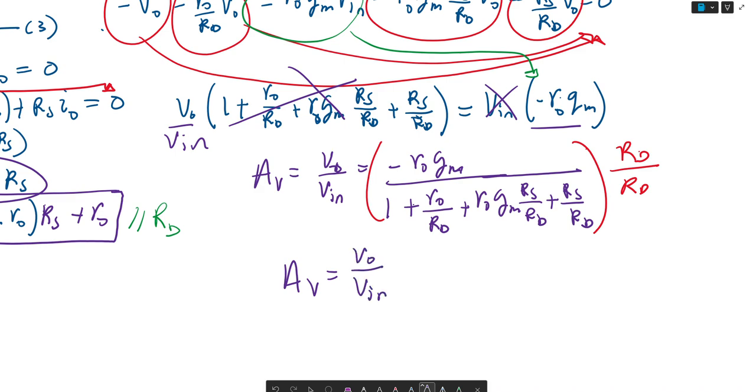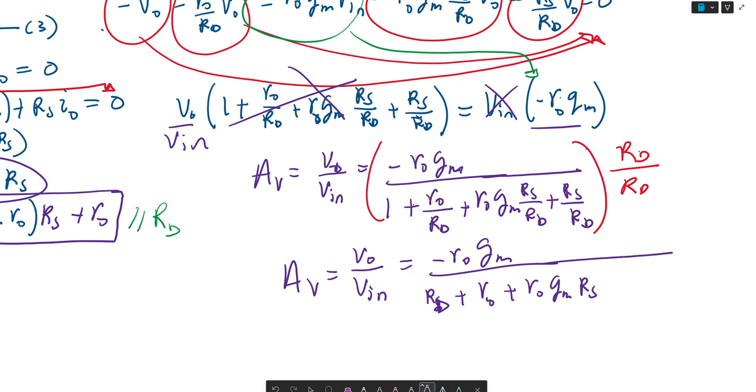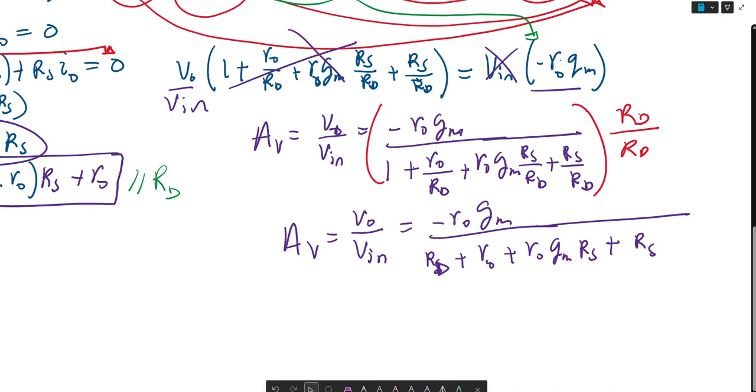So then AV is equal to VO over VN, which is equal to minus RO gm RD, over 1 times RD is RD, plus RO plus RO gm RS plus RS. And this is your final gain.